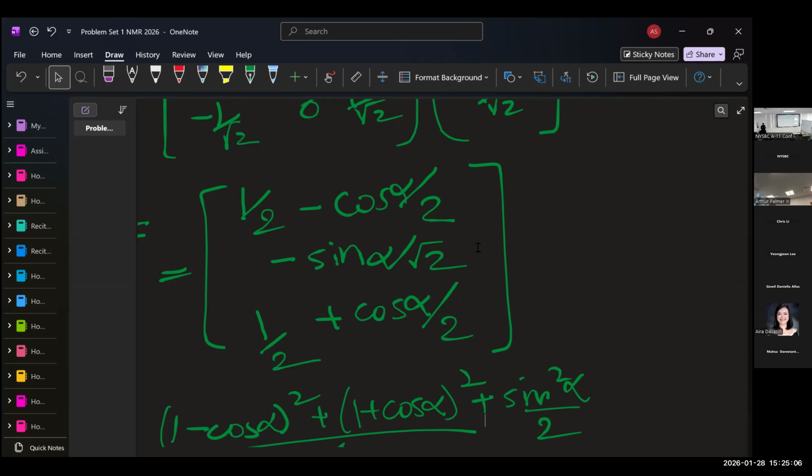That's the component of the net magnetization, its projection along x. Similarly, minus sine alpha over square root 2 is the projection along y, and 1/2 plus cos alpha over 2 is the projection along z.